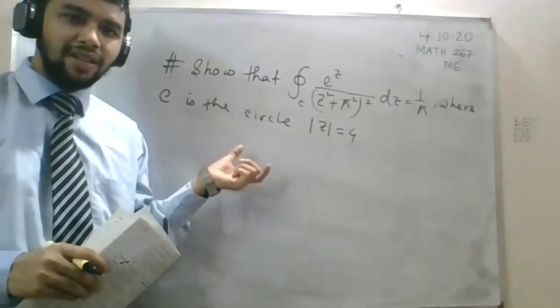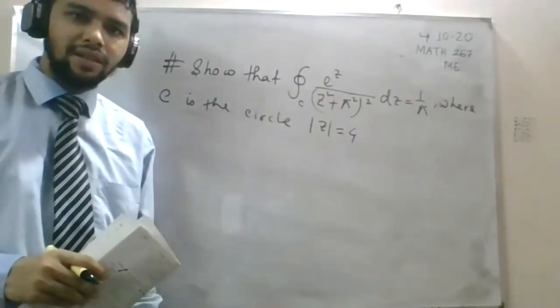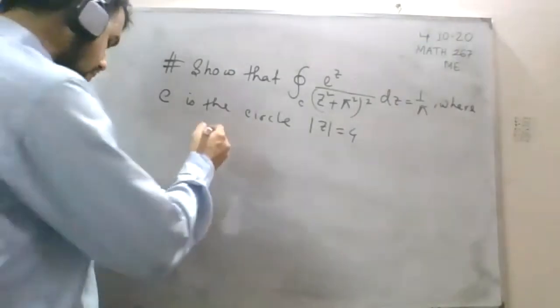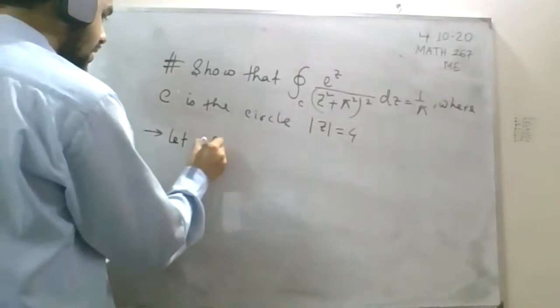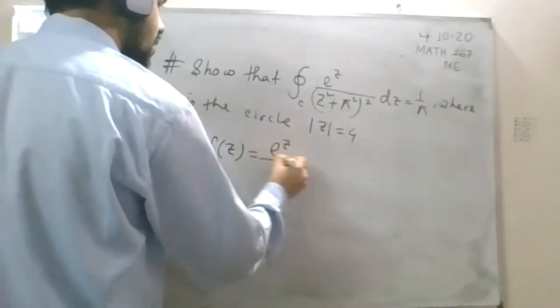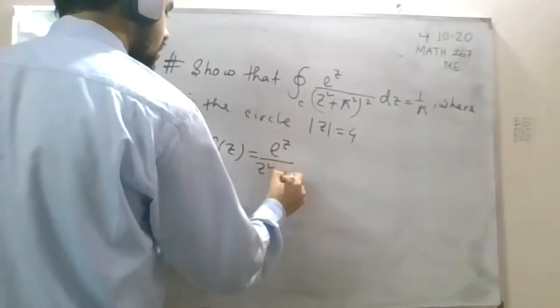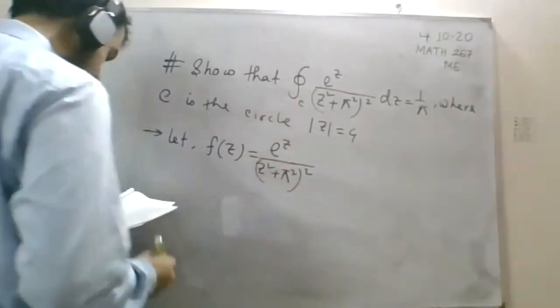Please tell me. At first, I tell you that this can be solved by Cauchy residue theorem. So you have to find out the residues of our given function. Okay. So let f(z) equal e to the power z over (z square plus pi square) square. Okay.